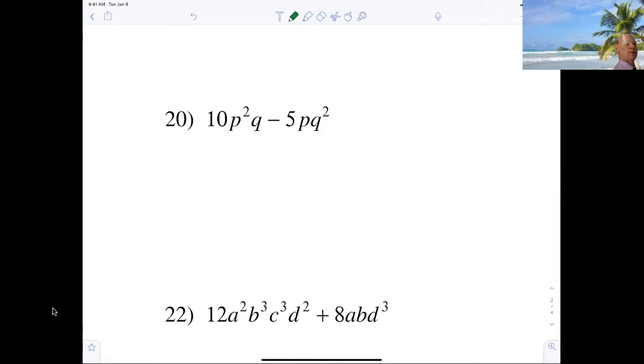What? 5 what? Good. To what? Right? Just 2p, right?